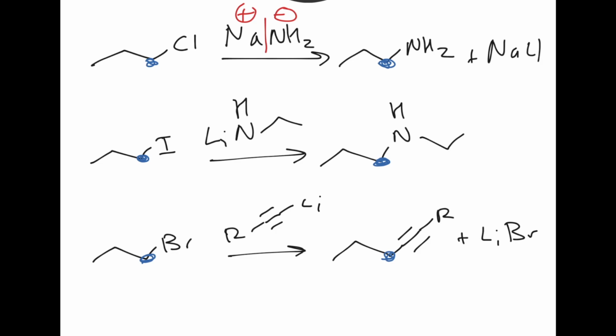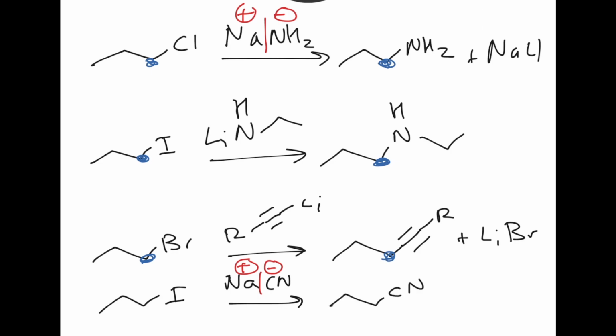Or we can use cyanide, CN. So here, the carbon is the nucleophile. So you're going to make a new carbon. Oops, I forgot my lithium iodide up here. Sodium iodide.